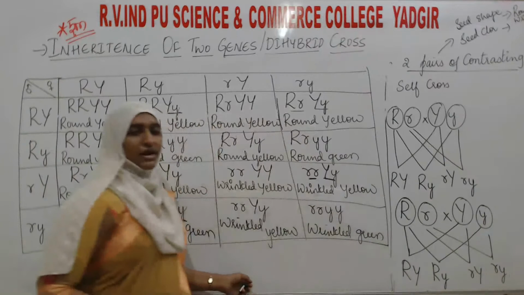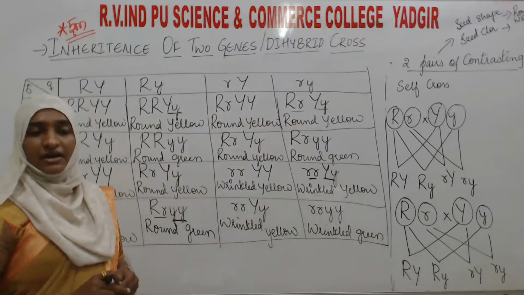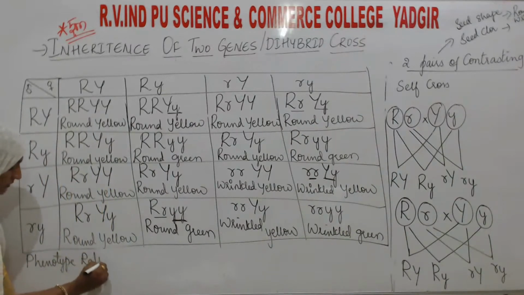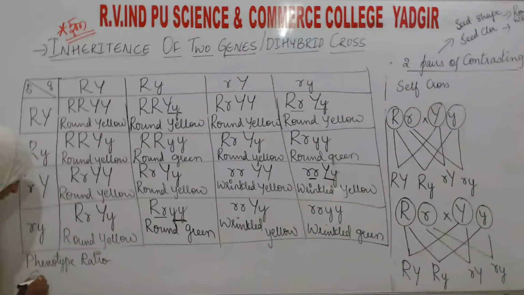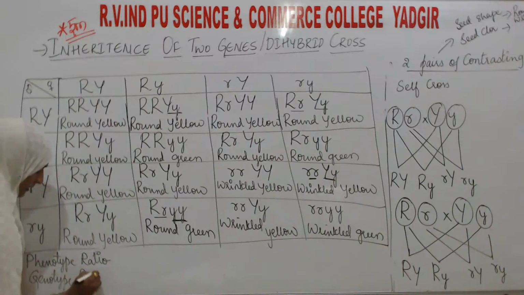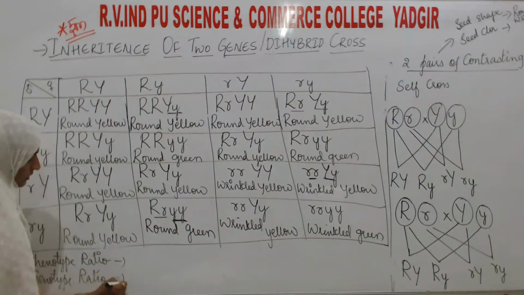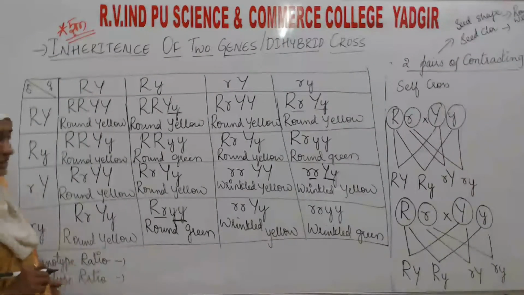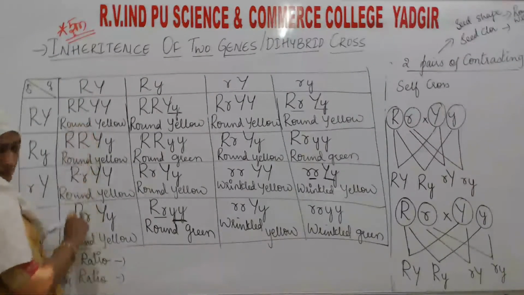Now next we have to find out the phenotype ratio and genotype ratio. In this one, you see, phenotype ratio means we have to see only the characters.